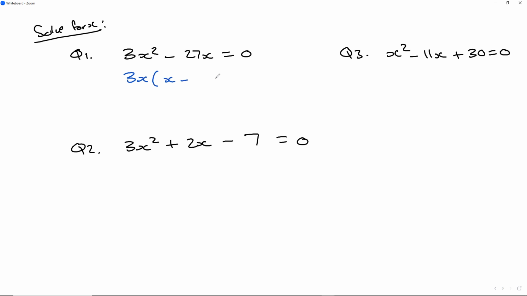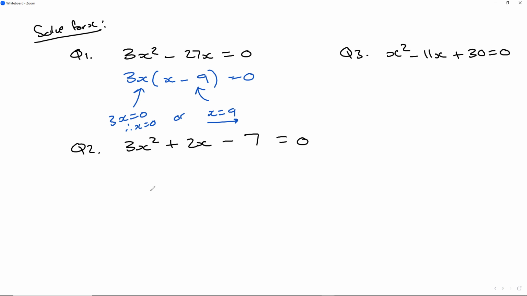And that's going to leave us with x minus 9, because 3 times 9 is 27. Remember, when x is outside the bracket, it doesn't matter what is in front of the bracket, whether you have a number in front of the bracket or if x is alone or not. You can see that that would always be equal to 0, because 3x equals 0, so therefore x equals 0. Then from this side, it's the opposite sign, so x equals positive 9.